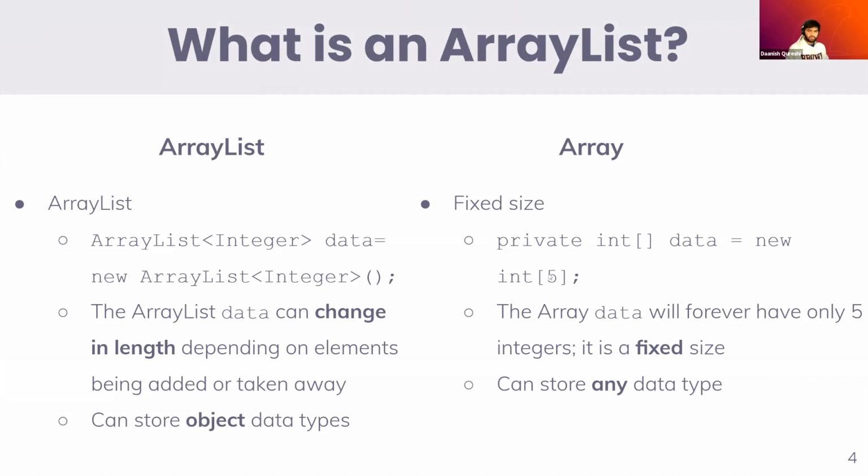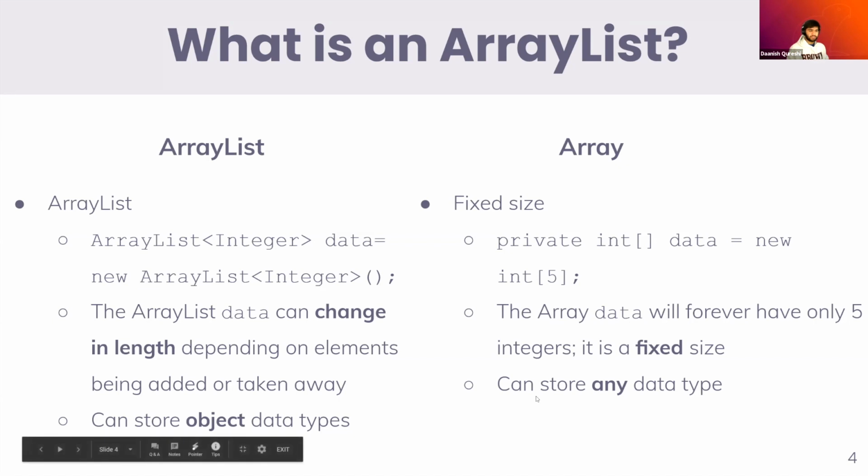So it has 5 total elements. And remember that an element is something in that array or array list. So this array data will forever have only 5 integers. It's a fixed size. We cannot change the size of the array once we construct it. That is going to stay permanent.